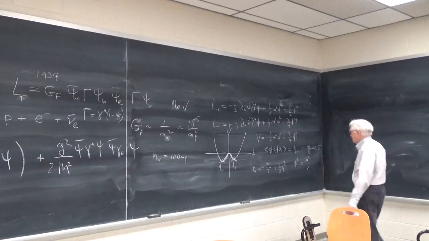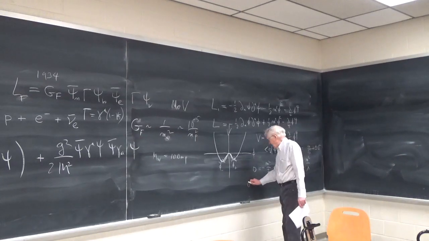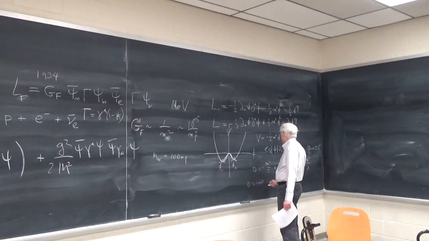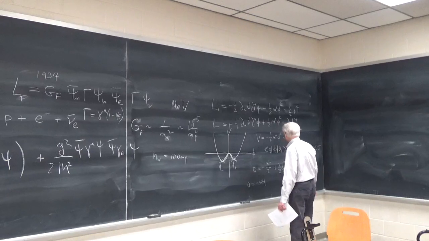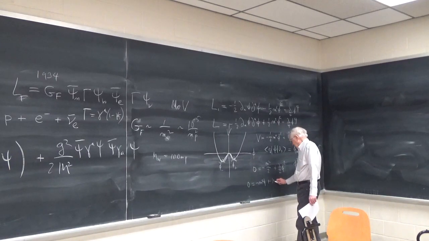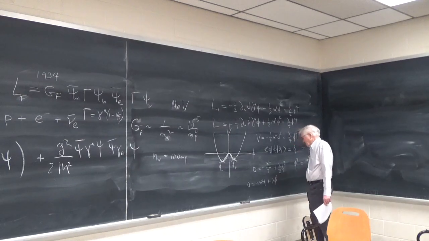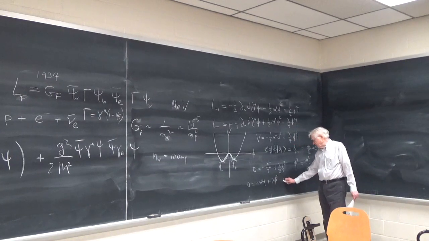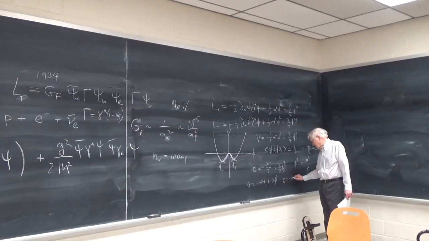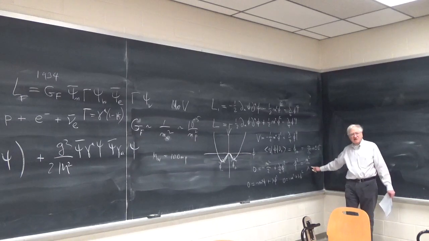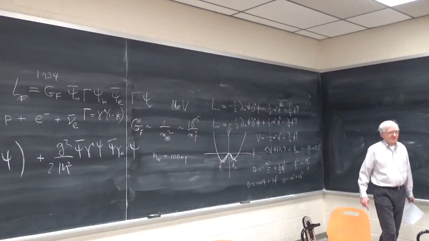If you want to check, if we differentiate with respect to phi, then what we get is minus m squared phi plus lambda phi cubed. Now we cancel one factor of phi, and we get 0 equals minus m squared plus lambda phi squared, which gives us the same result. So mathematics is saved.